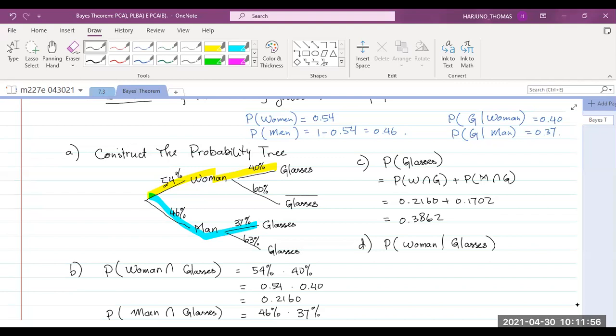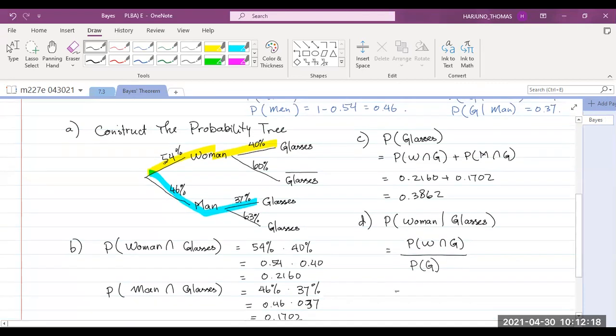Well, anyway, I end up getting my old frames and asking them to put the glasses on that. At this point, we can compute the probability of selecting a woman knowing that the person wears glasses. It is the probability of a woman and wearing glasses, which we already got in part B, over the probability somebody wears glasses, which you got in part C. This will be 0.2160 over 0.3862.